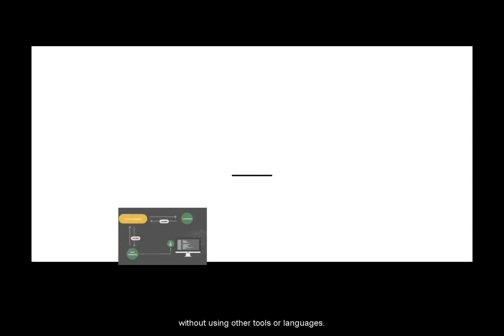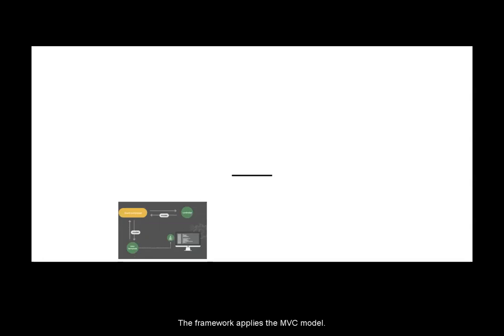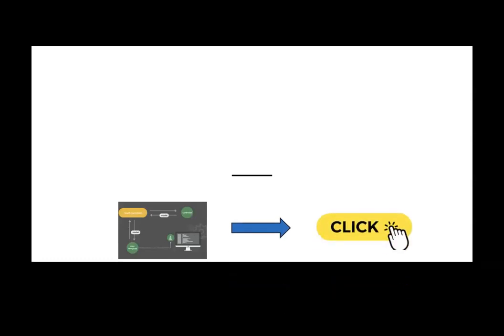With the Angular framework, it's possible to develop a web application or a website entirely without using other tools or languages. The framework applies the MVC model. The controller sends the information to the view that displays it. It's by using this relationship that we can call a function when an element is clicked.